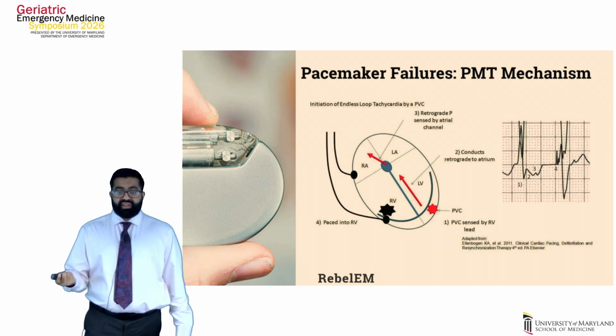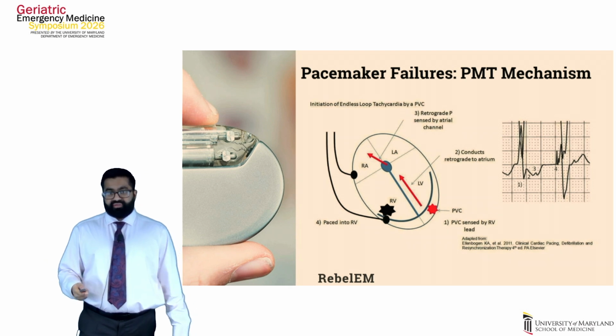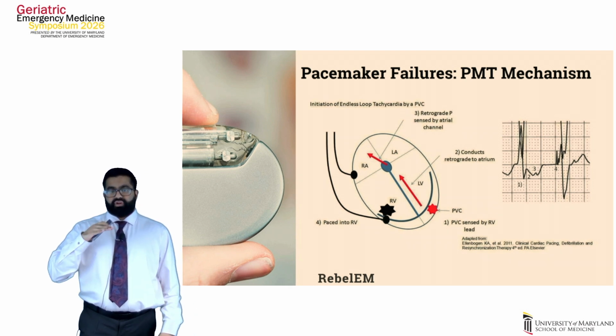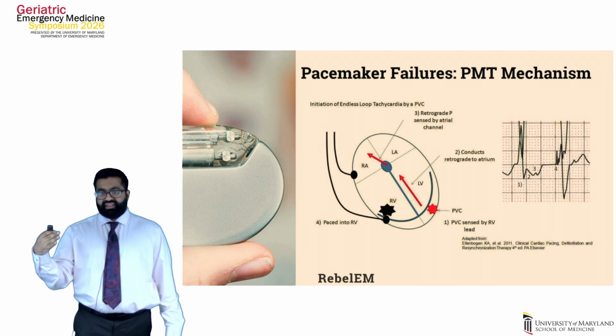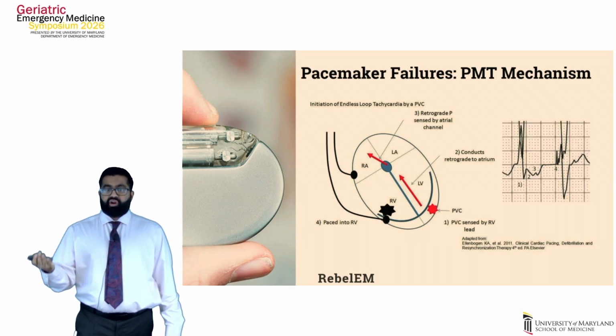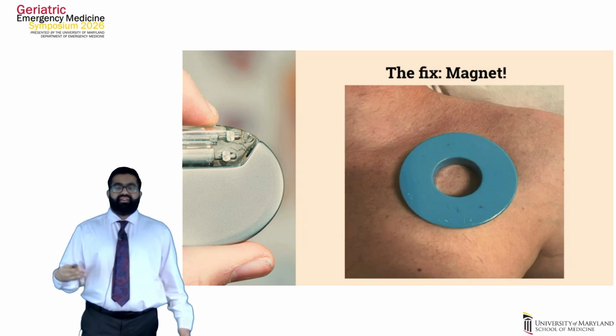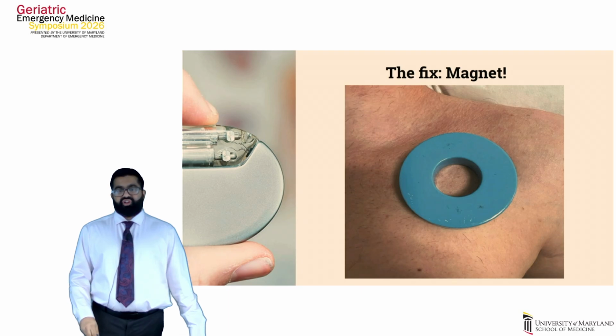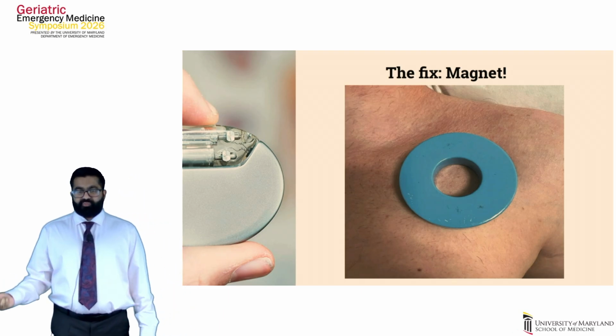So how do you stop it? Well, you have to break the cycle. You have to make sure that the pacemaker cannot sense that PVC or concurrent atrial beat. And the way you do that is with a magnet. This will terminate the cycle.